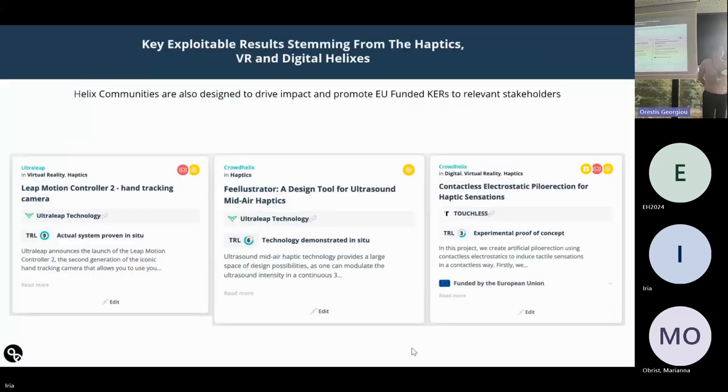The Helix community is also designed to drive impact and promote key exploitable results of funded projects to relevant stakeholders. These are some of the posts I took from the Haptics and the virtual reality Helix.